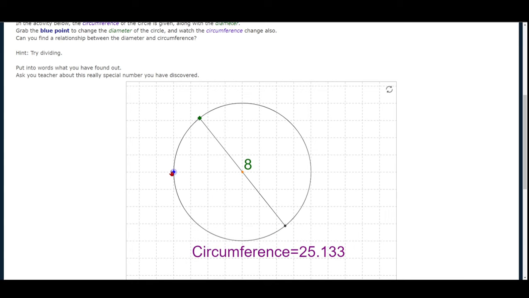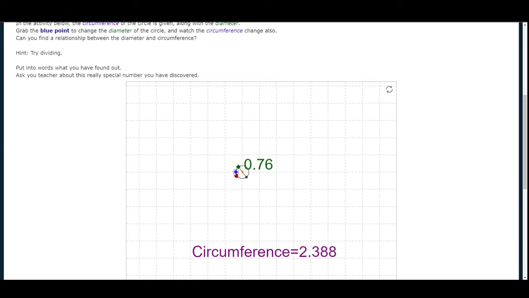And if we go back all the way down to 1, there we go. So we can see that when the diameter is 1, the circumference is pi, or 3.14. So that is the relationship that we were looking for.